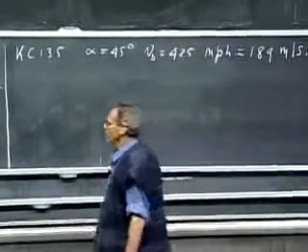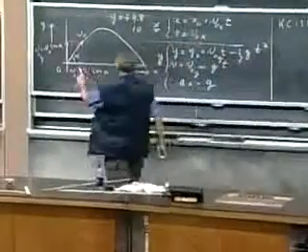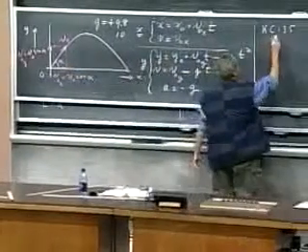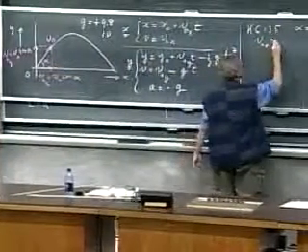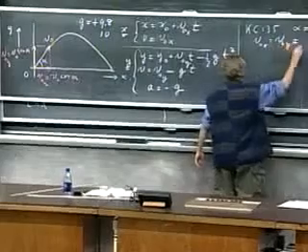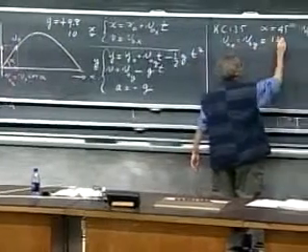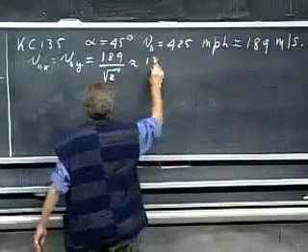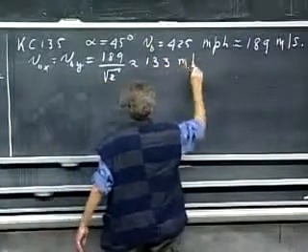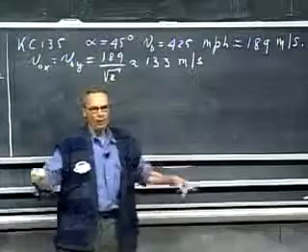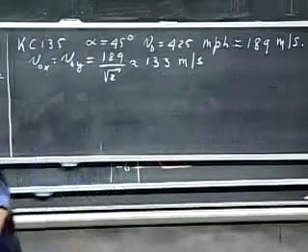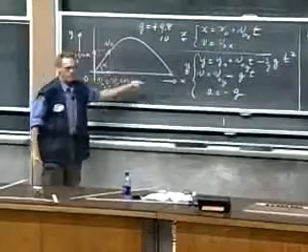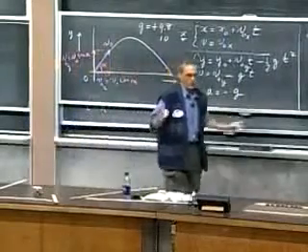So V0y and V0x are both the same because of the 45-degree angle: 189 divided by the square root of 2, about 133 meters per second. Both are positive. Keep that in mind, because this is the increasing value for y, and this is the increasing value of x. Signs do matter.